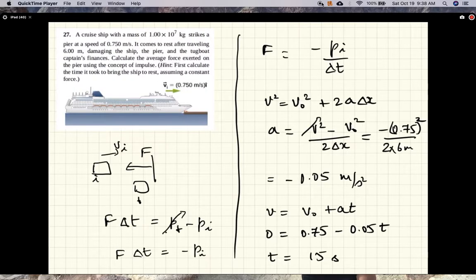Okay, so let me add a page. So the average force is negative. Again, the negative sign is just giving you the direction of the force, which is in the opposite direction of the ship's motion.